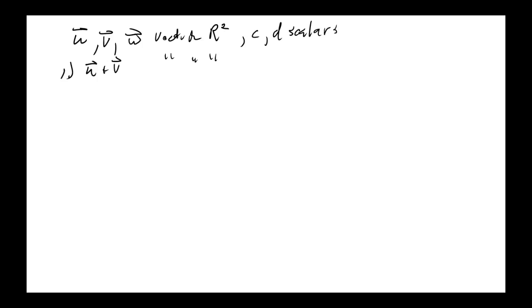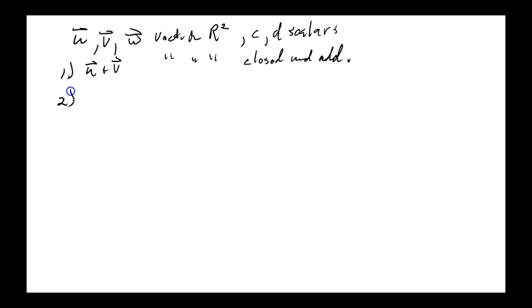What we call that property is that vector addition is closed under addition. In other words, if you have two vectors in a plane, add them together, the resultant vector is going to be in the same plane as those two vectors. Or space, or whatever dimension you're living in.